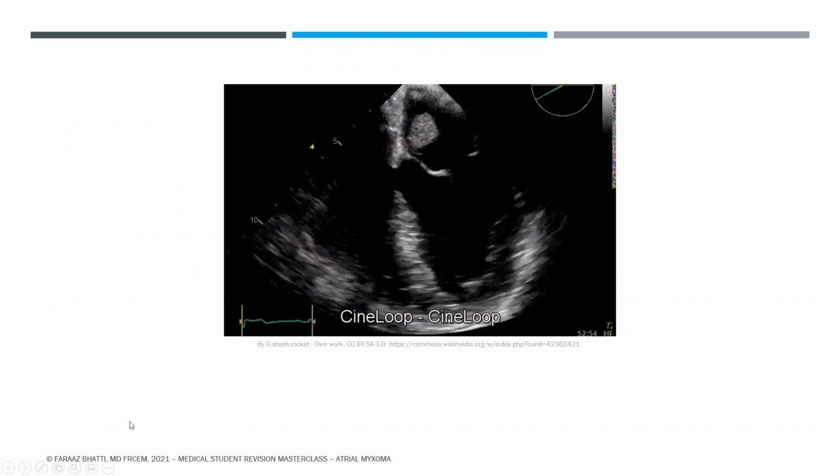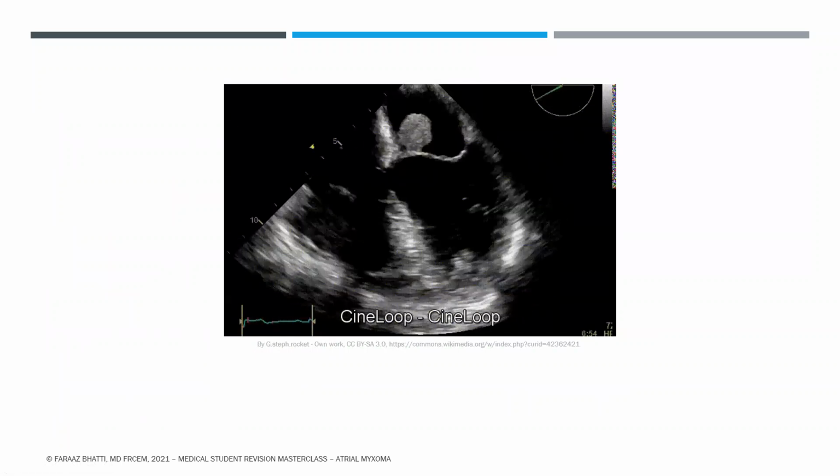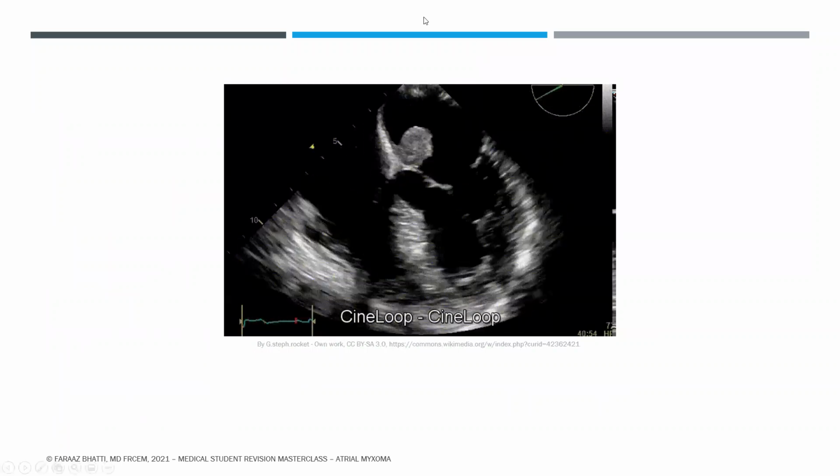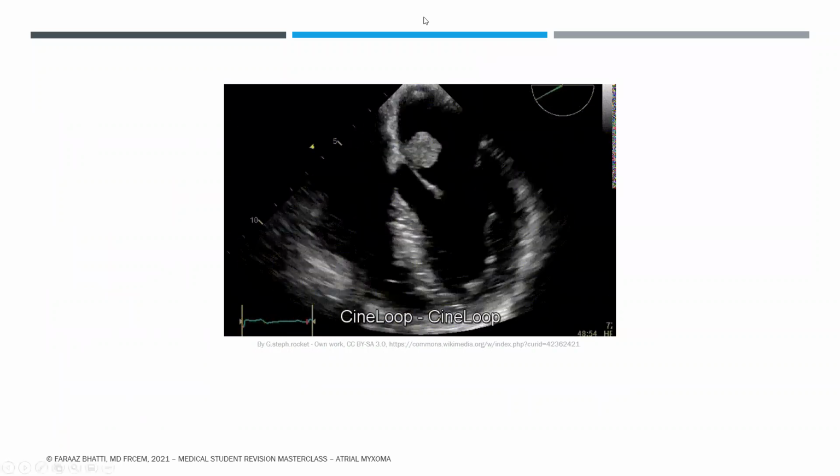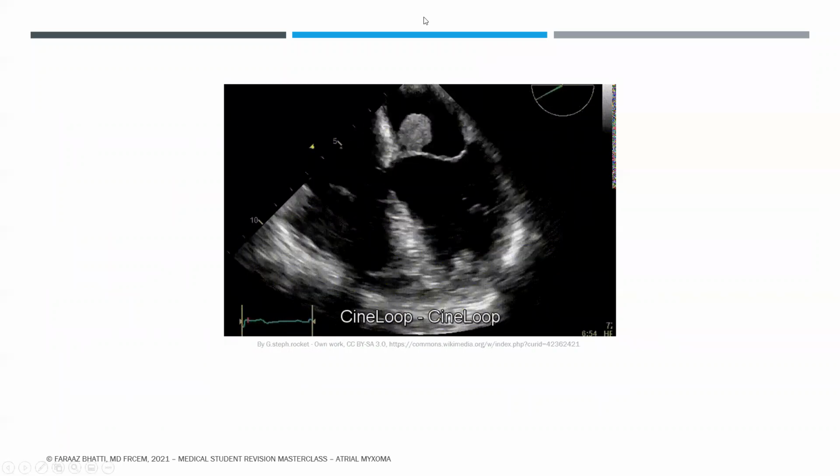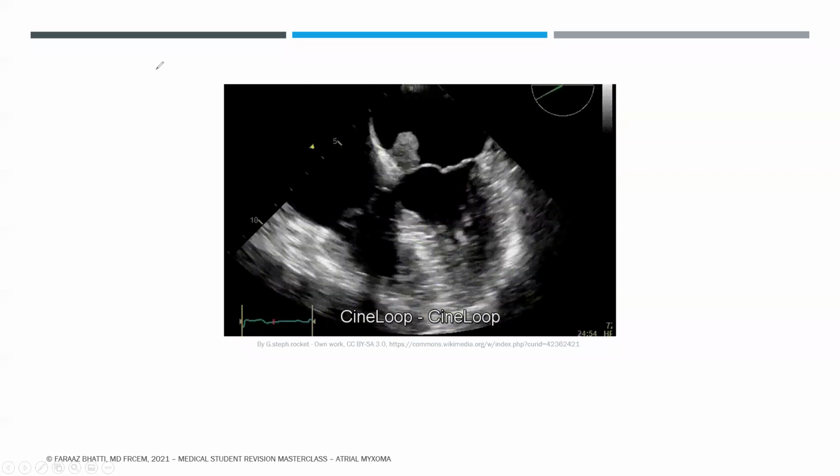Here is an echocardiogram where you can see that there is an atrial myxoma sitting up in the left atrium. Right there.